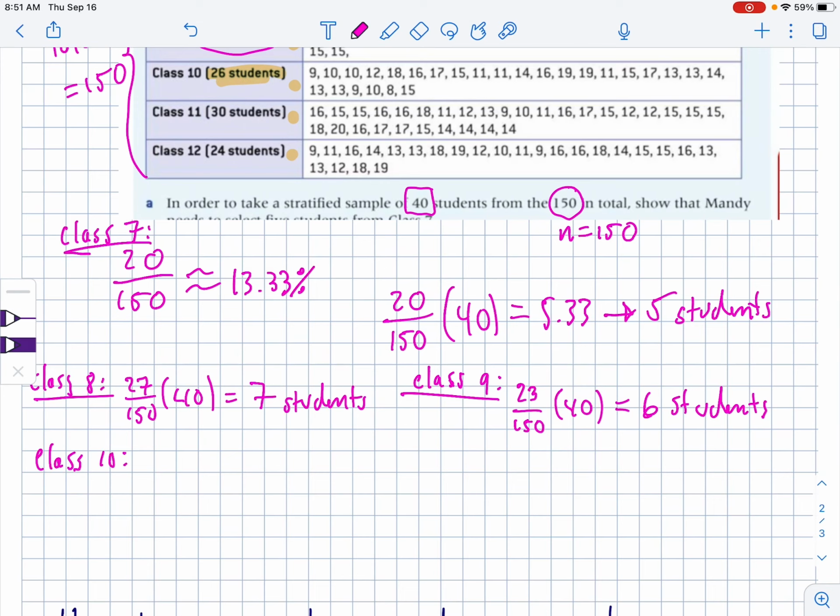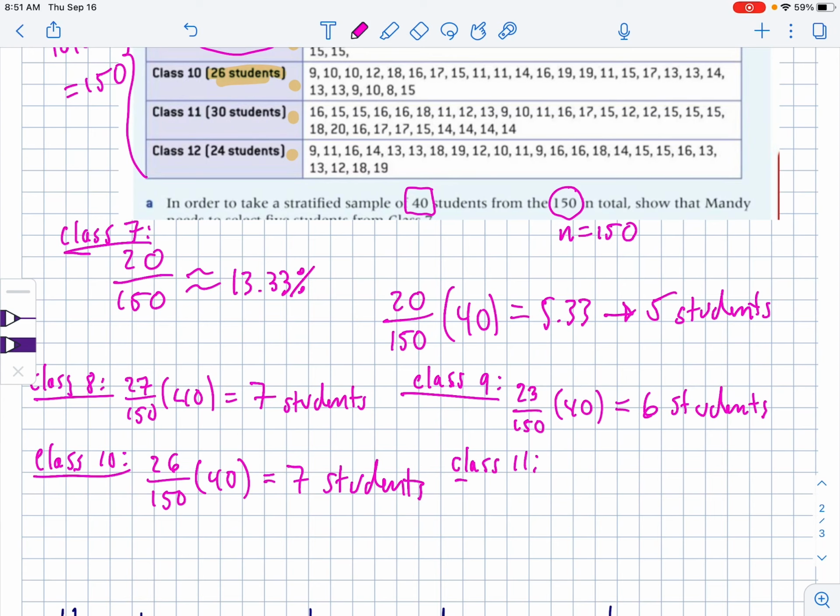And then class 10 is 26 divided by 150 times 40. It's like 6.93. So this one, because it's closer to 7, we're actually going to round up to 7 students.